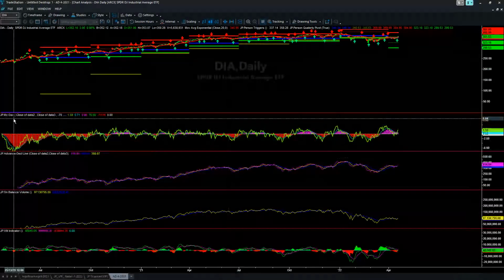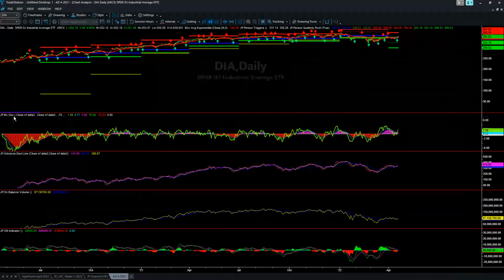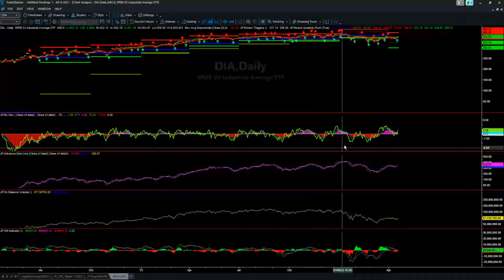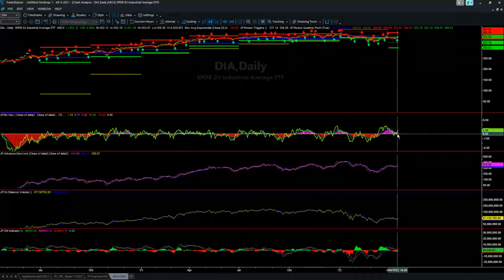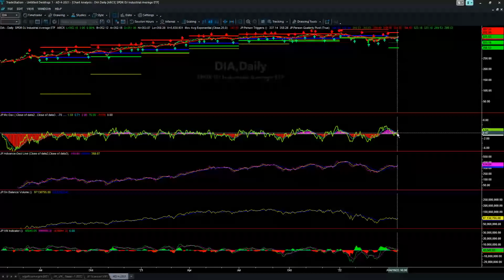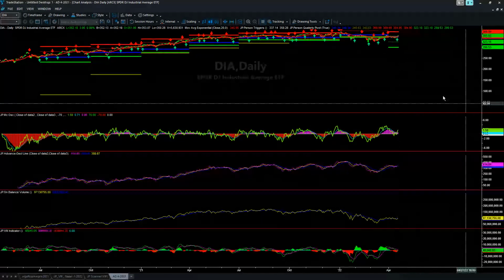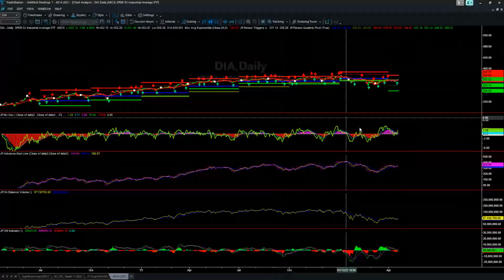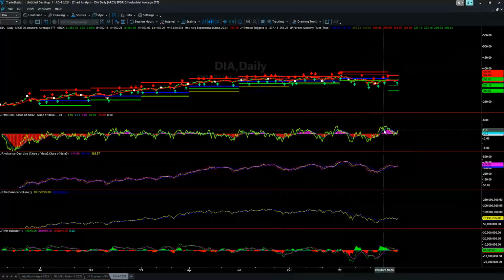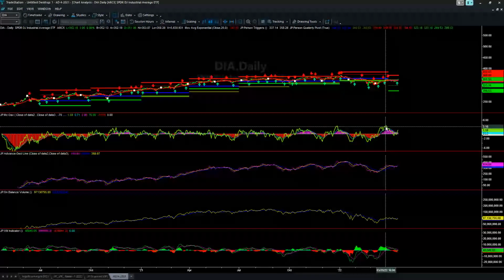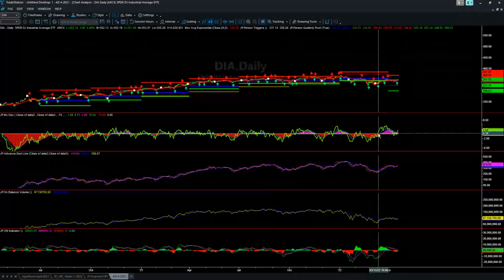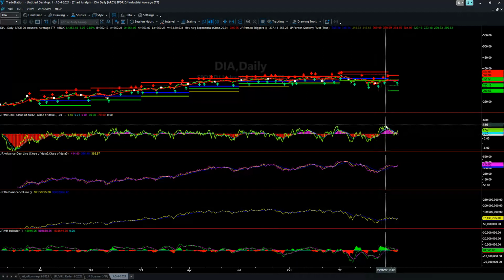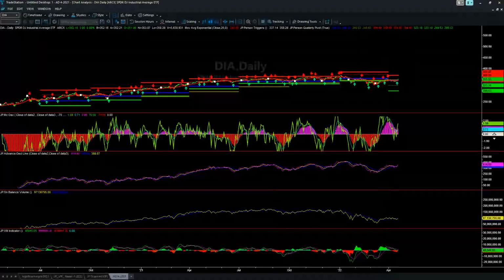The JP MIC oscillator is different from the McClellan oscillator in the sense that this is based on its information from the Dow Jones Industrial Average stocks. So if more stocks, 25 out of 30, go up, and it happens 2-3 days in a row, the McClellan oscillator is going to show powerful upside and trade north, above, positive, the zero line.